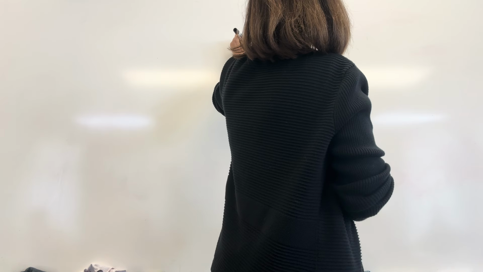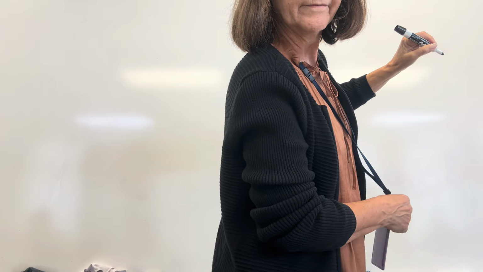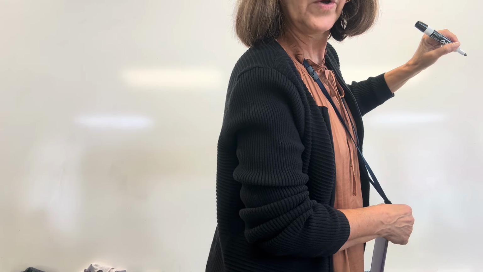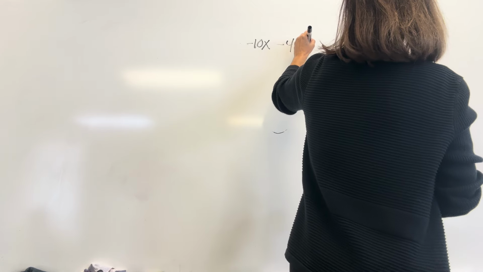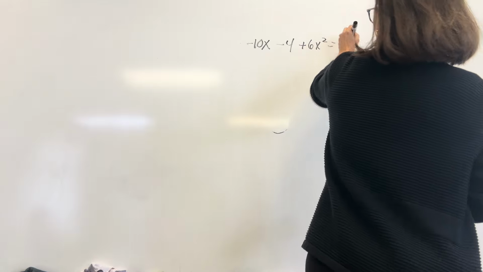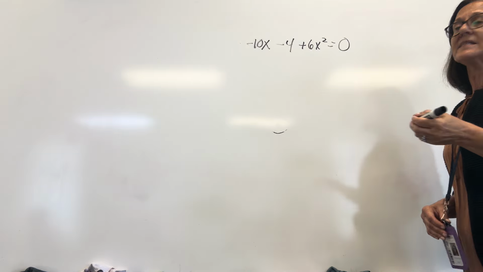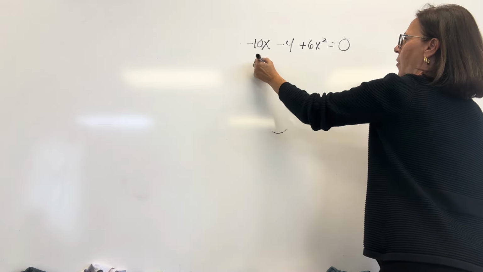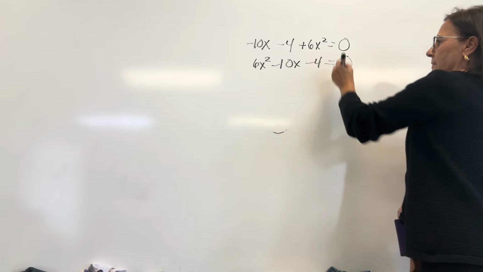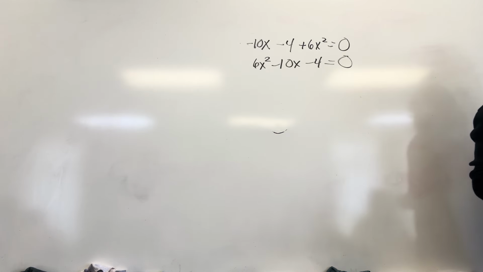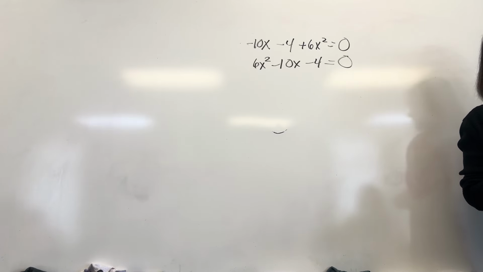It's negative 10x minus 4 plus 6x squared equals 0. All right, we have to write it in descending exponential order. Can I factor anything out?